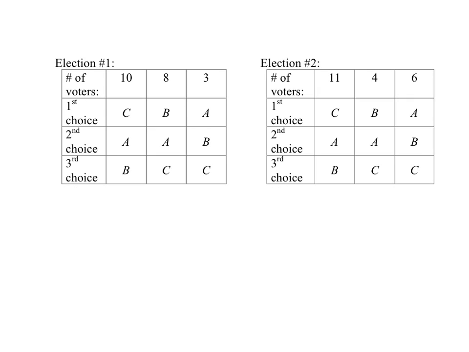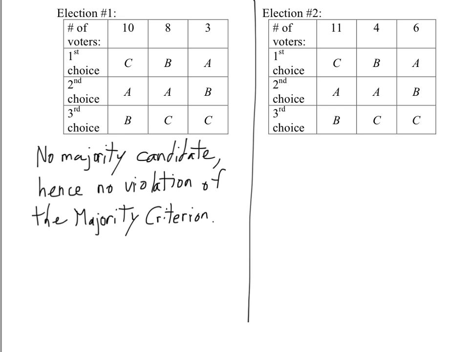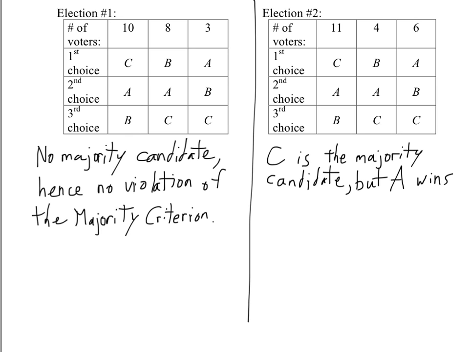In the first election, there is no majority candidate. And since there is no majority candidate, the majority criterion has nothing to say about who should or should not win this election. In other words, there is no violation here of the majority criterion. By contrast, in election number 2, there is a majority candidate, namely C, but A wins the election anyway.